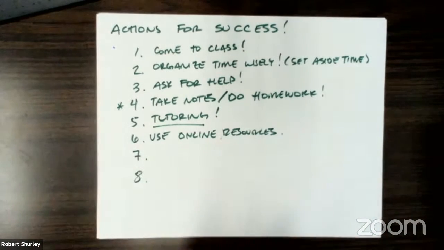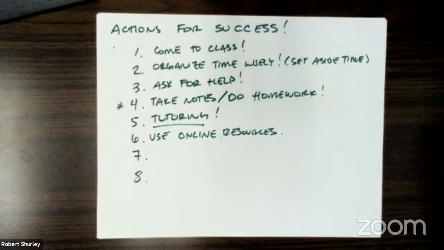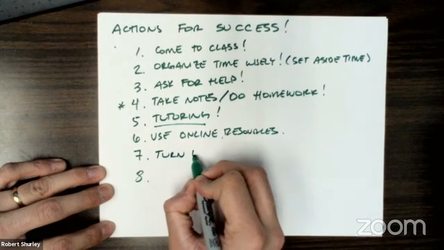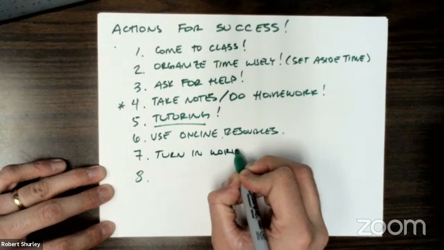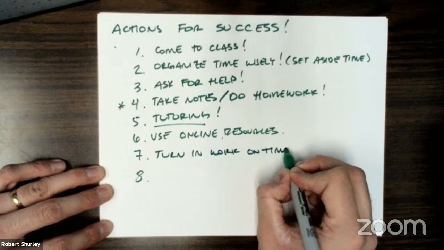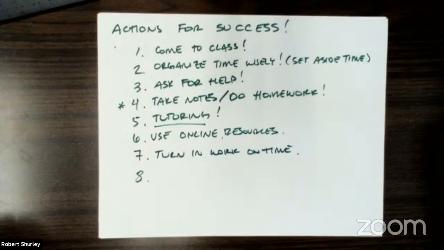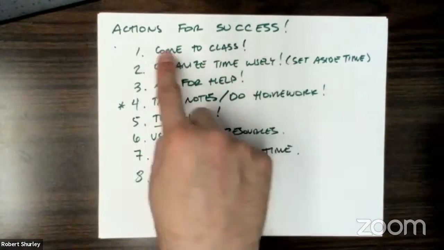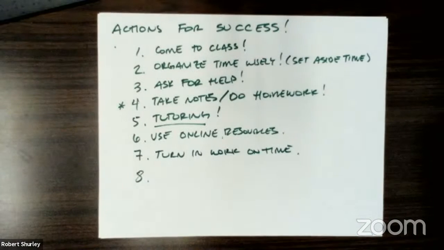You should do that, but I'll put it down. Turn in work on time. Okay, let's do one more. What's something consistent with work? I'll say organizing your time wisely and coming to class, and then that'll keep you consistent.